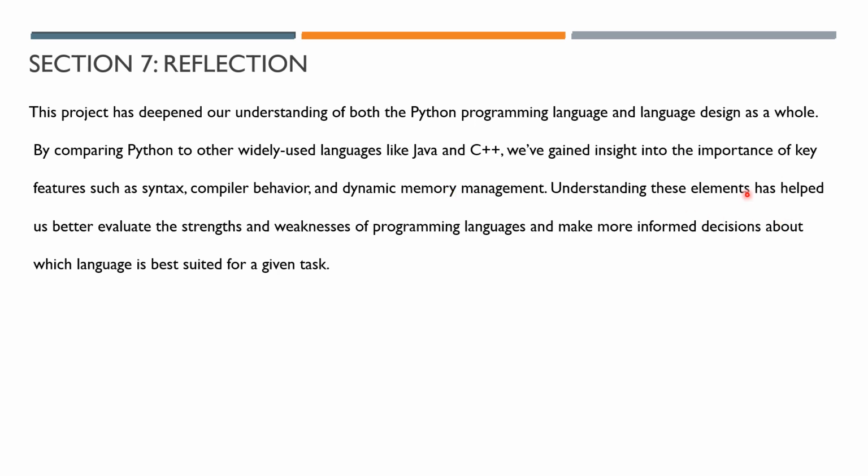Understanding these elements has helped us better evaluate the strengths and weaknesses of the Python programming language and make more informed decisions about the language best suited for a given task.